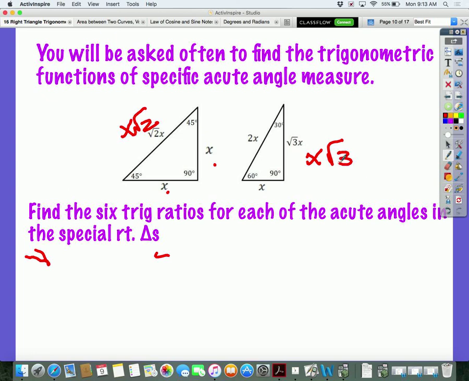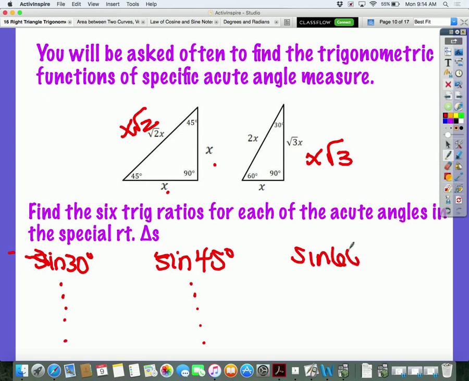So when it says find the 6 trig ratios for each of the acute angles, that means you're going to find the sine, cosine, tangent, cosecant, secant, and cotangent of 30 degrees. Then you're going to do the same thing for 45 degrees, and then the same thing for 60.